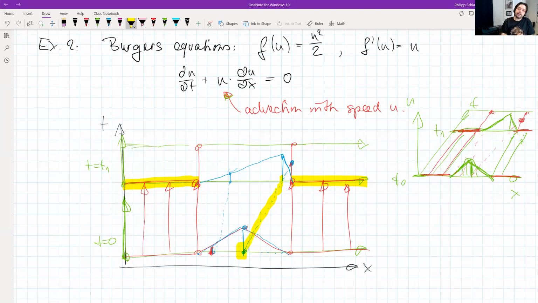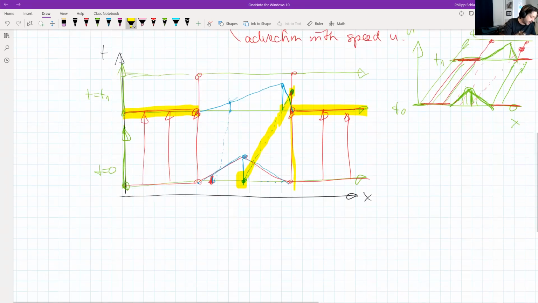That's what we discussed before. But if I'm at that point, I don't know how to go backwards, because I could either go along this inclined line or I could go down straight. And of course, I could then choose what solution I would get. And that's not a good thing.